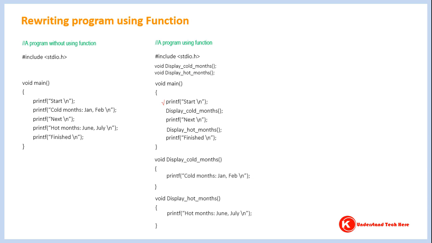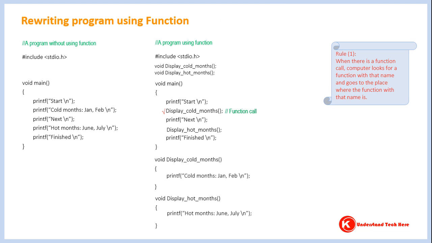Our next line is display whole months. This is a function call. Now, very fundamental rule of function. When there is a function call, computer looks for a function with that name and goes to the place where the function with that name is.